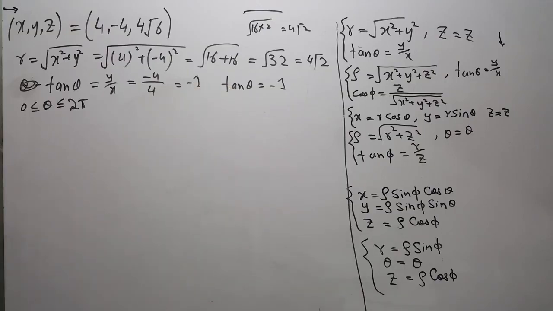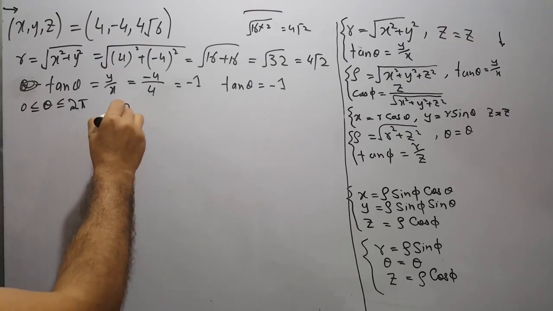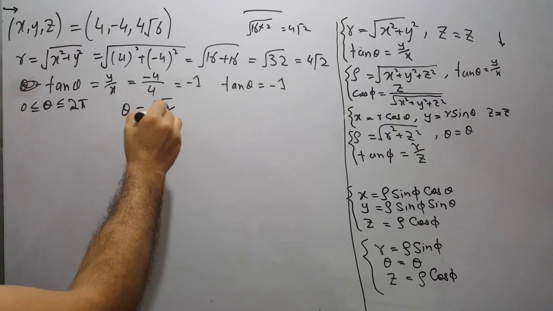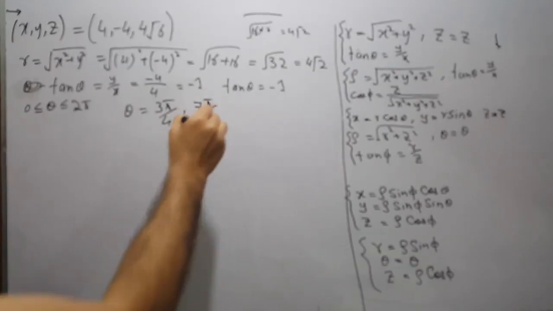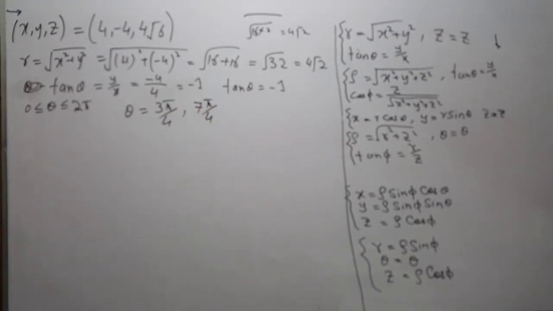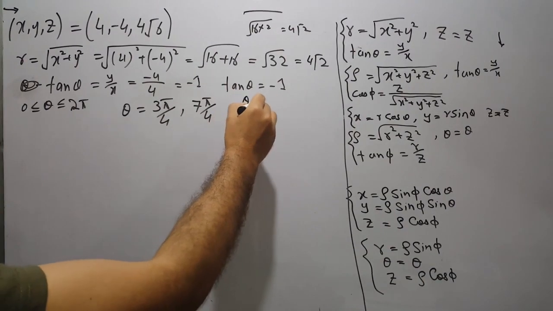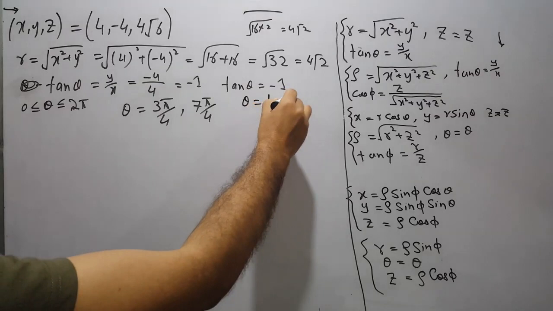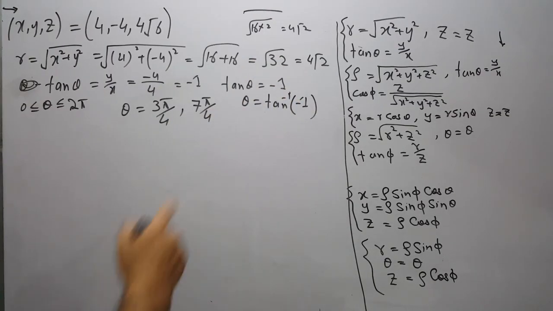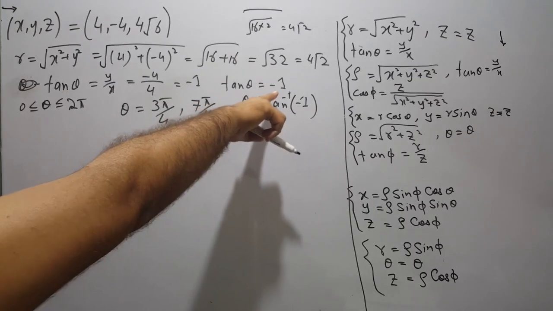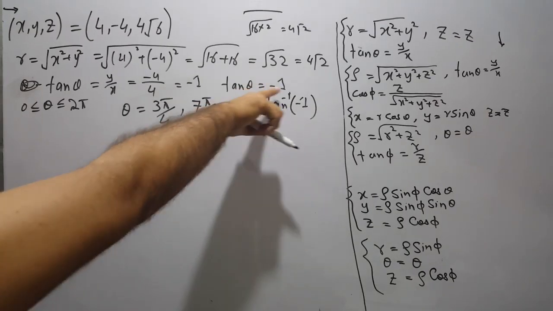For tan theta equal to minus 1, you have two values of theta. That is 3 pi by 4 and 7 pi by 4, both between 0 and 2 pi. You can use a calculator to find theta as tan inverse of minus 1, but this will give you only one value, so you have to find all the thetas for which tan theta is minus 1.